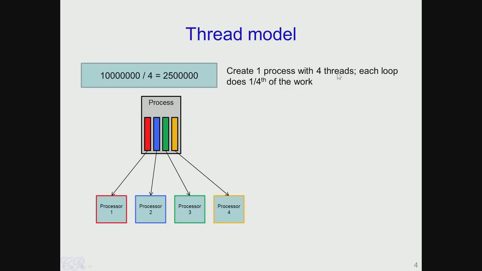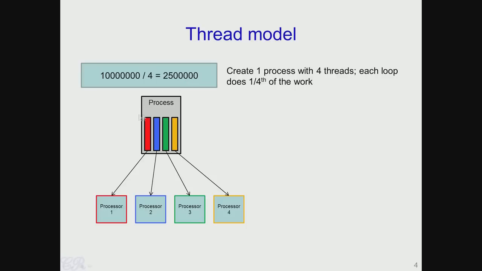Each of these threads, quite like the previous idea of using parallelized processes, would have a loop which does a quarter of the work, that is, each thread would find the sum of 2.5 million numbers.